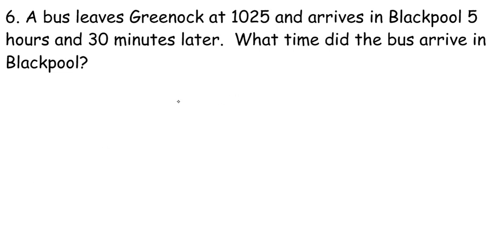Okay, so leaves Greenock, arrives in Blackpool 5 hours and 30 minutes later. What time did it arrive in Blackpool? So we're getting quite good at these kind of questions by now. We've done a few. So we are leaving Greenock at 10:25.